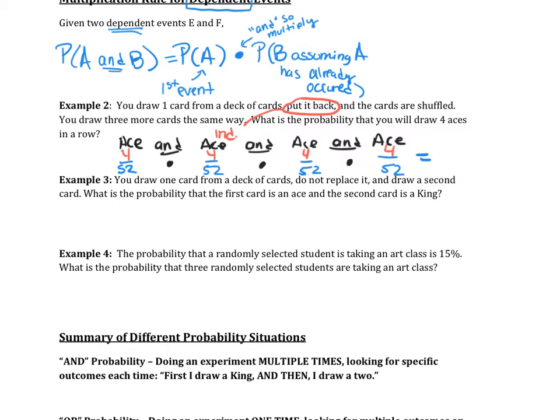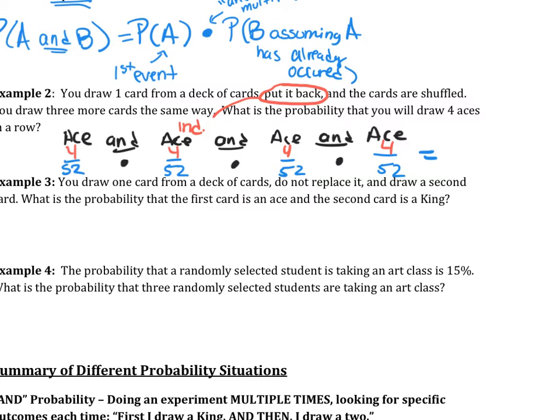Okay, so when you multiply, this is going to give you a pretty big fraction. So if we multiply our numerator straight across first, so 4 times 4 times 4 times 4. And then our denominators.